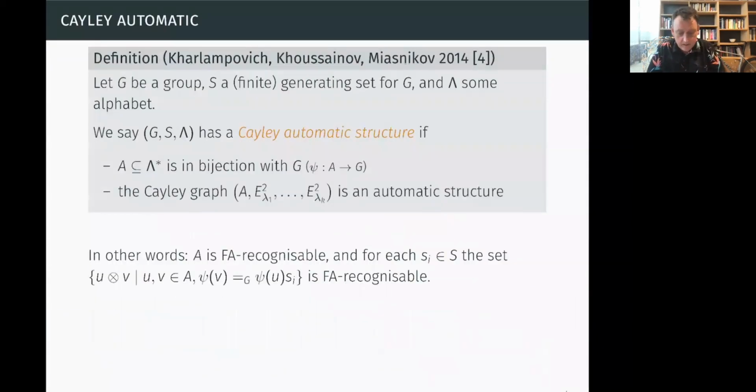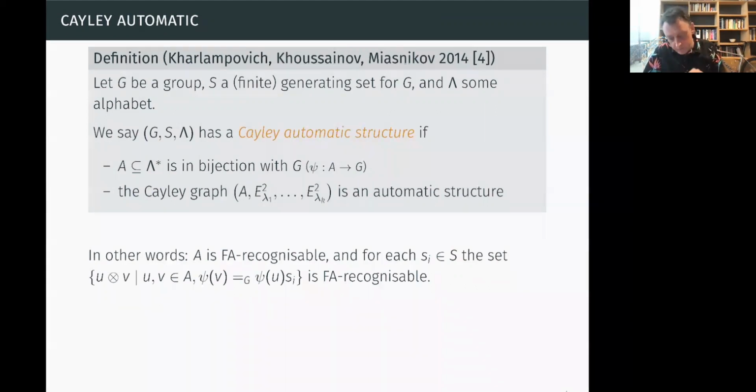So here's the definition, 2014, due to Kalimpovich, Kruengthomya, and Myasnikov, that a group is Cayley automatic, or has a Cayley automatic structure, if the set A is in bijection with the group, or it could be a surjection, over some alphabet, where the alphabet are just some weird strings, not necessarily anything to do with generators.